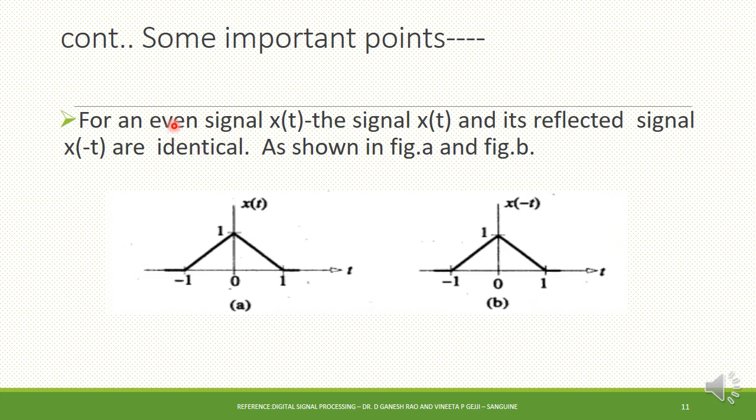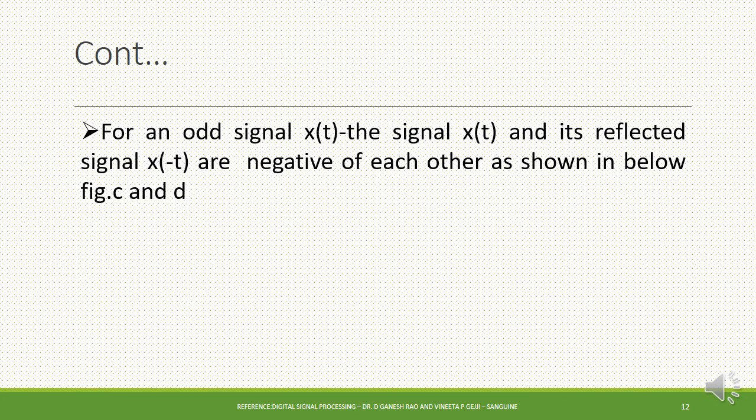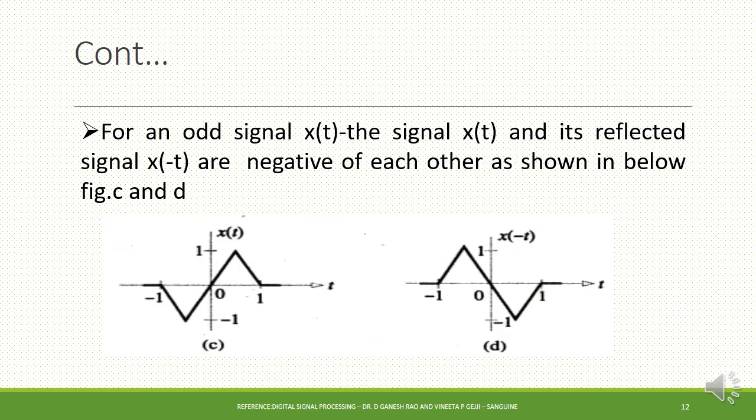In even signals, when you apply reflection, both are the same. But in odd signals, both are in opposite directions. For an odd signal x of t, the signal x of t and its reflected signal x of minus t are negative of each other, as shown in the figure below.